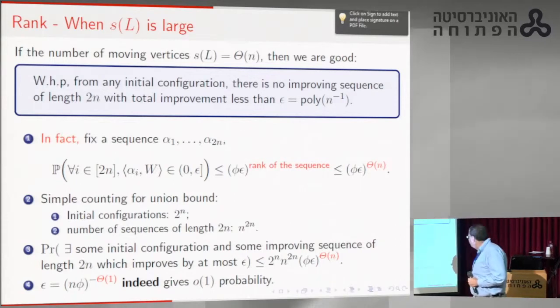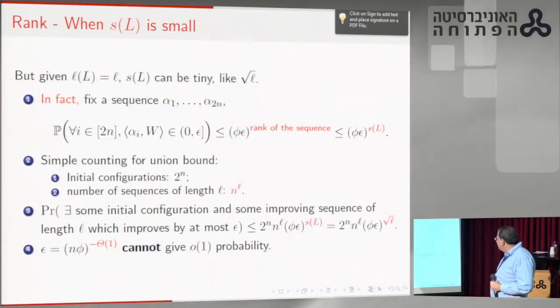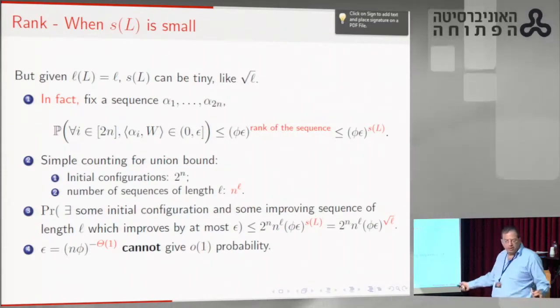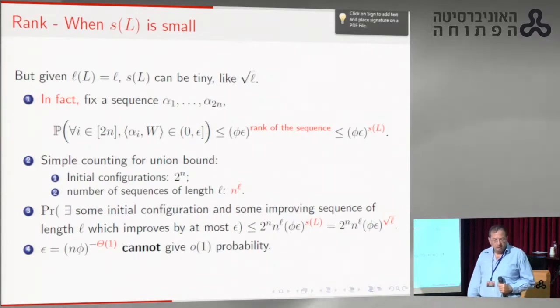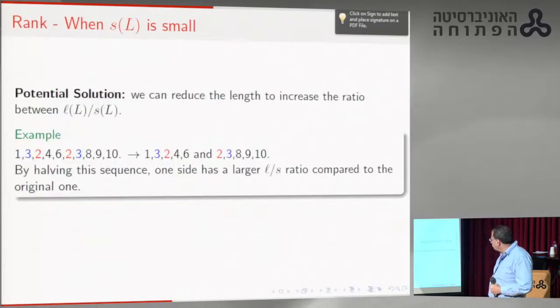Okay, so as we said, if the rank is linear, we are good. And the problem is that the rank could be much smaller, for instance, the square root of the length of a block. The argument breaks down if the bound for the rank that we can give is so small, just the square root of the length.